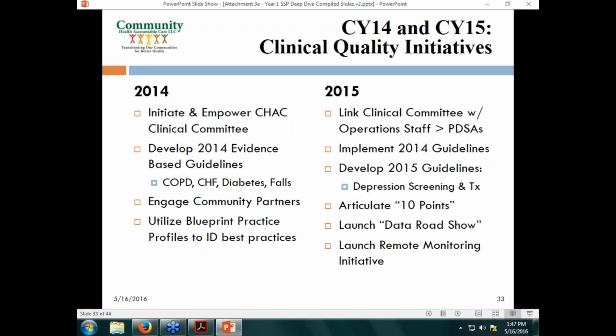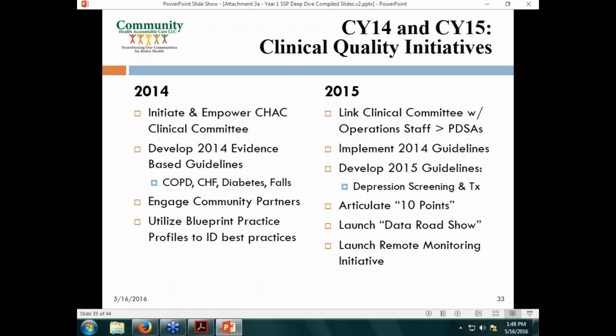And as you'll see in 2015, a lot of what we did was we implemented those 2014 guidelines through training, through conversation of what worked, what was working, what wasn't working. And so that was really a major initiative, and it's the first time our health centers have worked together to do anything quite like that. So we're very proud of that work.